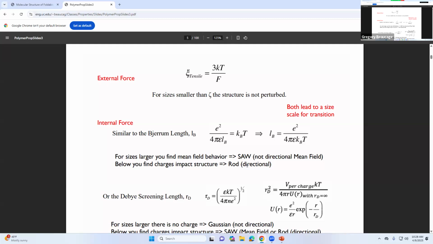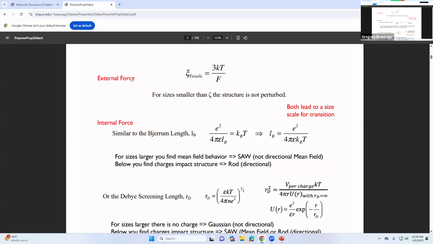That's the opposite of what's going on with the external force thing. The reason I mention that is you can talk about external perturbations or internal perturbations. And internal perturbations start from the small size and work their way out. So internal will be like charging the chain. So you're driving the chain to be straight by putting charges on it locally, right?